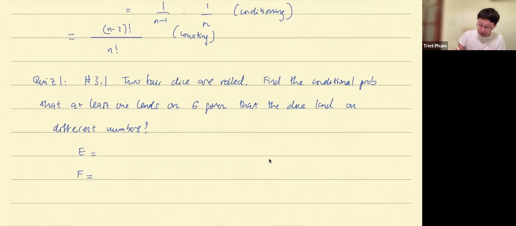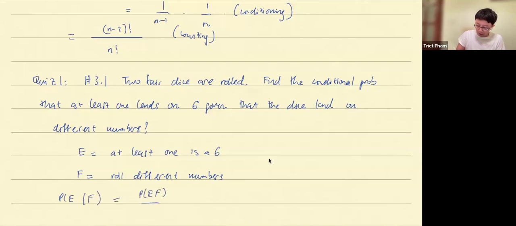So here, E is the event that at least one of them is a 6, and F is the event that you have different numbers. You're asked to compute P of E given F, which requires you to calculate P(E∩F) and P(F). So let's see, what's P(F)?